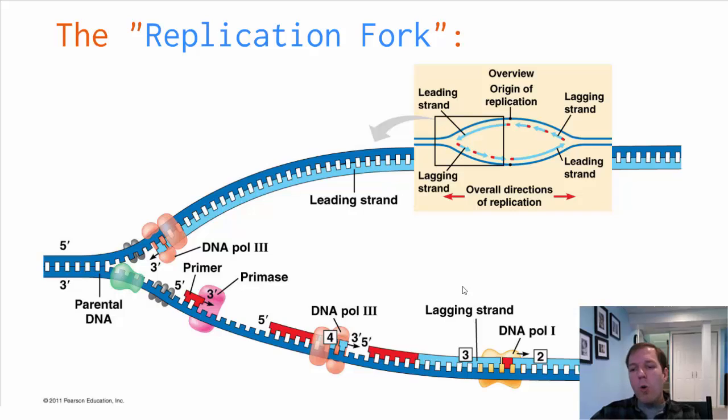So when we look at this overall, you can see on the top, the origin of replication was here on the right, so the direction of replication on our image is moving towards the left. We have the leading strand being built in the 5' to 3' direction in a continuous way, and we have the lagging strand on the bottom being built in a discontinuous way from the 3' towards the 5' end.